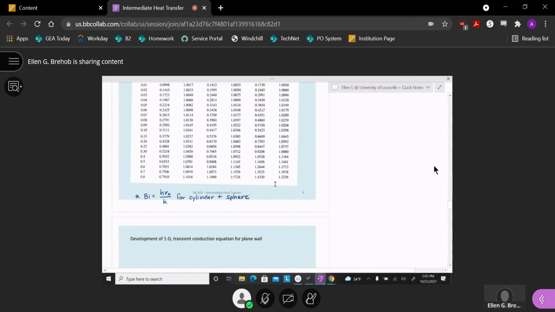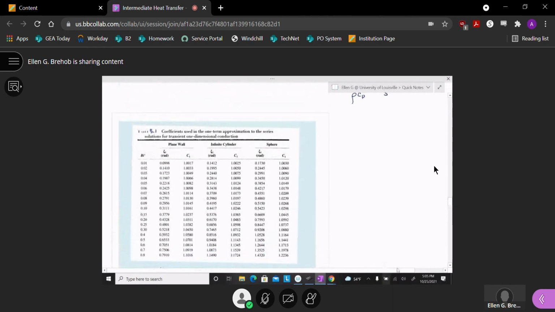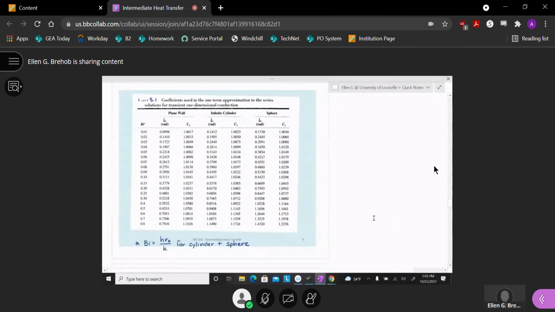It's telling you now to give up that general characteristic length and to use precisely the outer radius to calculate the Biot number to look up these C1s and zetas.